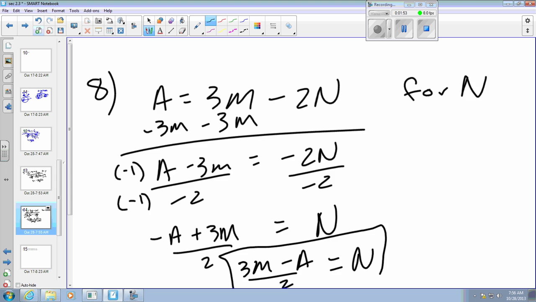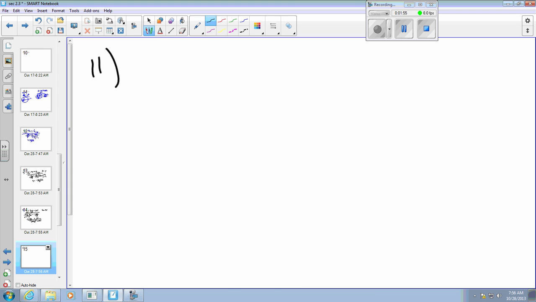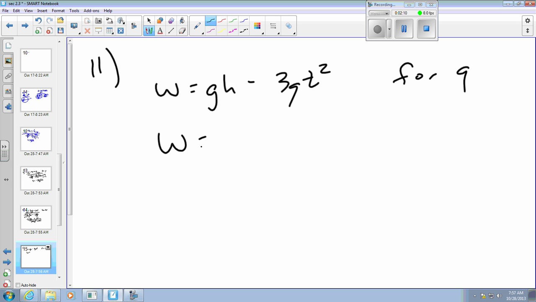Number 11, we have w equals gh minus 3gt squared, and we're going to solve that for g. Notice that we have two g's in the equation, so we're going to use the distributive property in reverse, factor the g out of both terms.